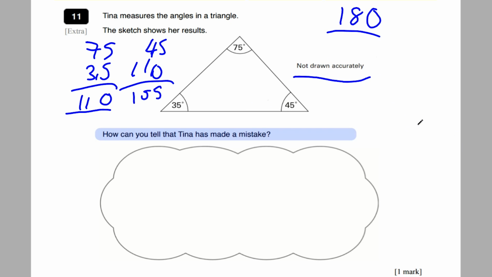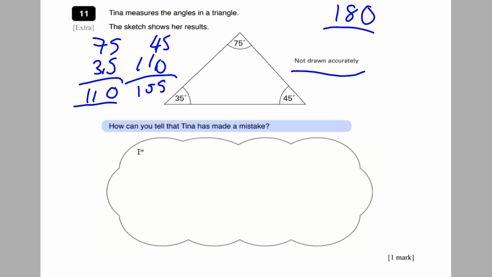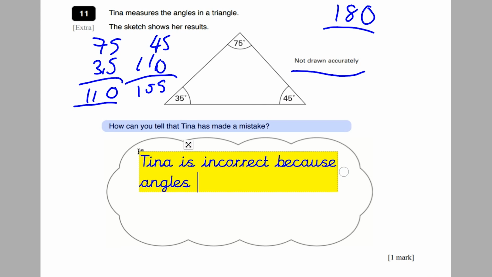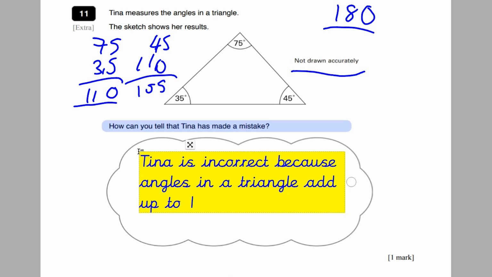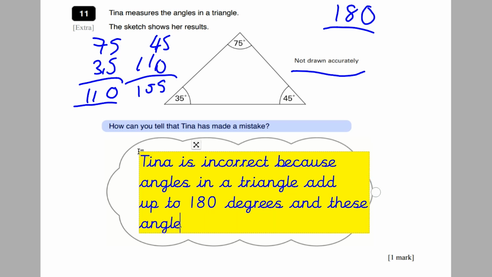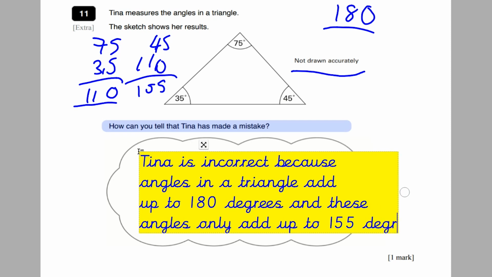So in order to get this mark, we would need to explain that with maths. So we need to write down Tina is incorrect because angles in a triangle add up to 180 degrees, and these angles only add up to 155 degrees.